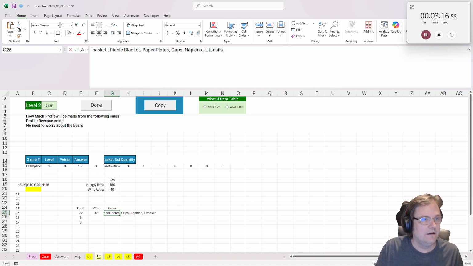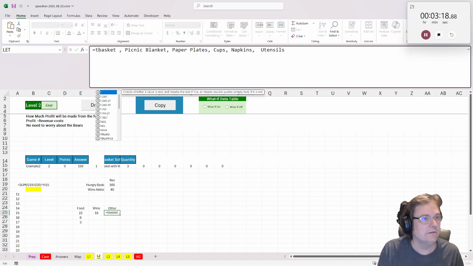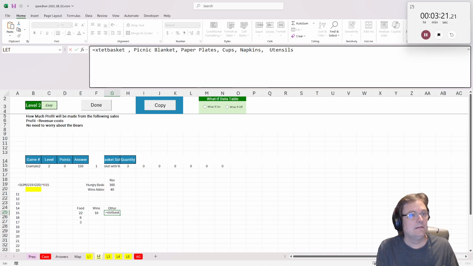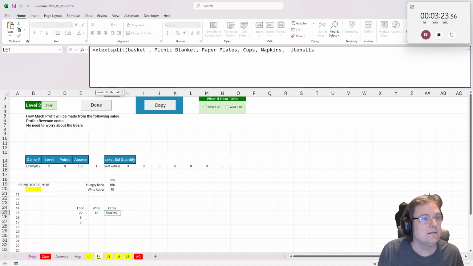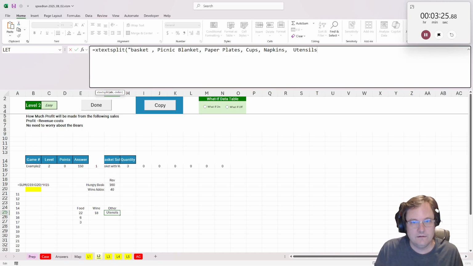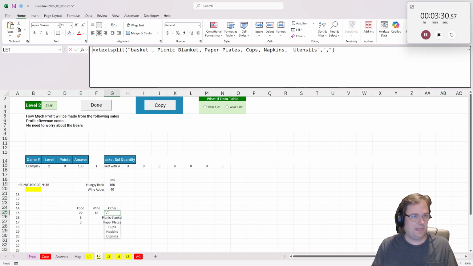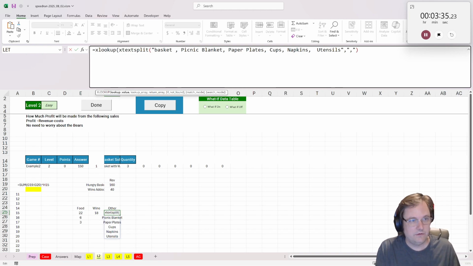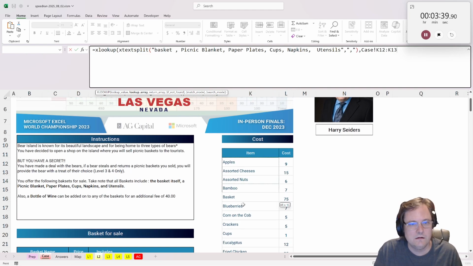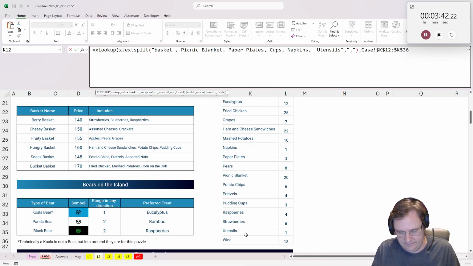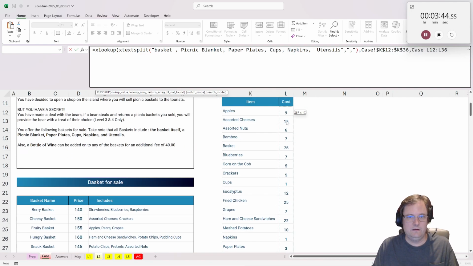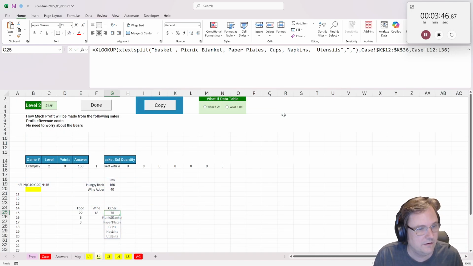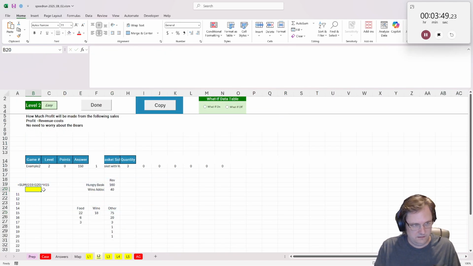So now by text, XTEXTSPLIT all of this by comma. Now I can look these up on the costs. So I look up this on item list, returning the cost there.